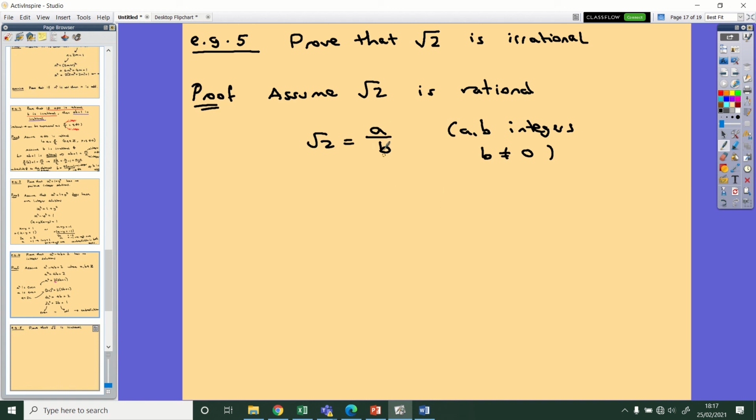If there are any common factors between a and b, we might as well cancel them out to make sure that this is in its simplest form. There's nothing wrong with assuming that. If we've got a fraction, then we might as well put it in its simplest form and then continue.